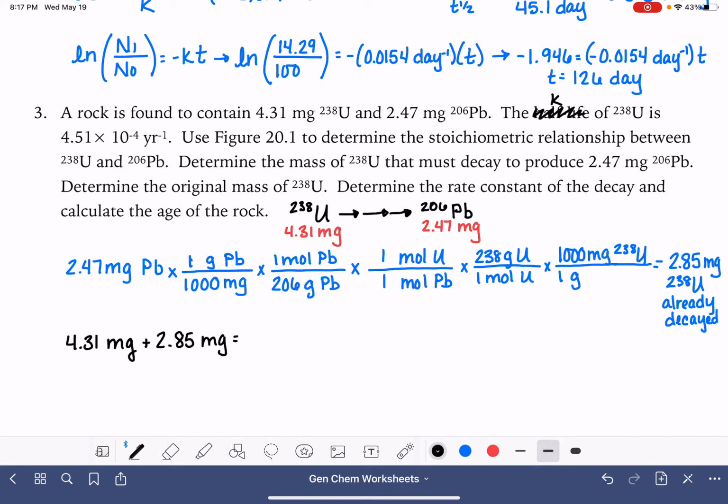So that's going to give us our original mass. 7.16 milligrams was our original mass of uranium-238. This is what we have currently, and this is what we have already decayed.